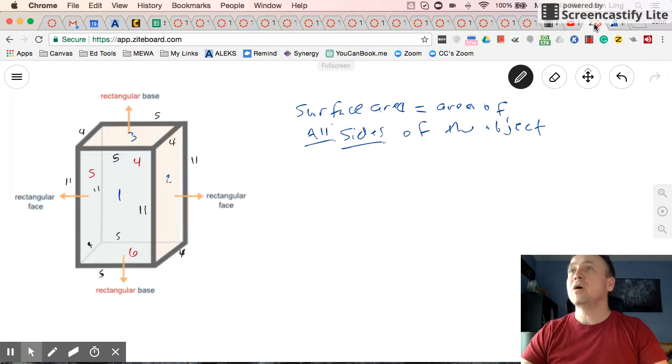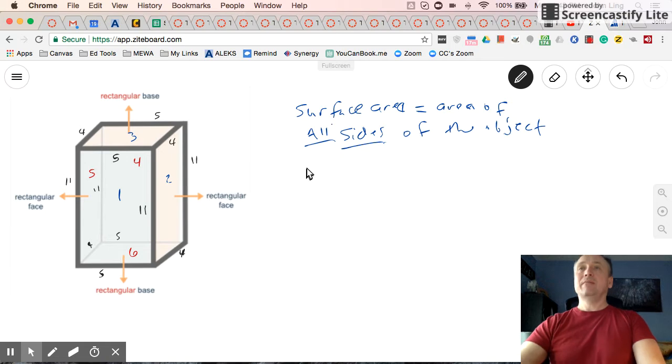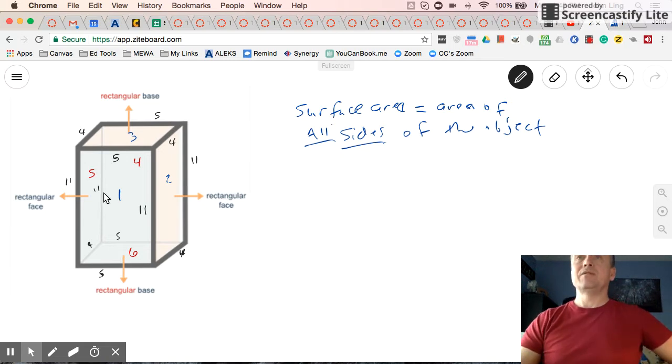All right, so to calculate the surface area, let's just start doing the sides. This front face here, side 1, the area is just length times width, or one side times the adjacent side.